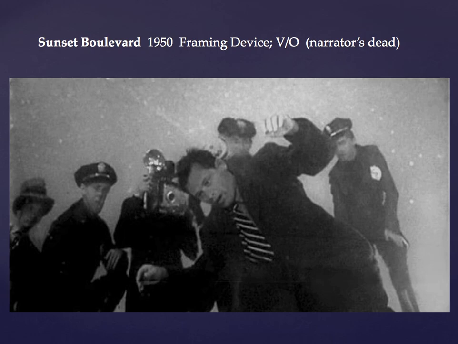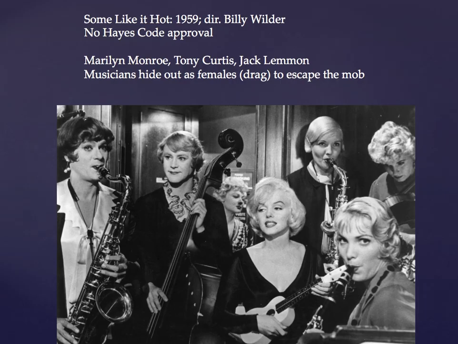And then my last film with Billy Wilder would be with Marilyn Monroe, Some Like It Hot, 1959. And this had trouble with the Hays Code, partly because our two male protagonists are escaping the mob.